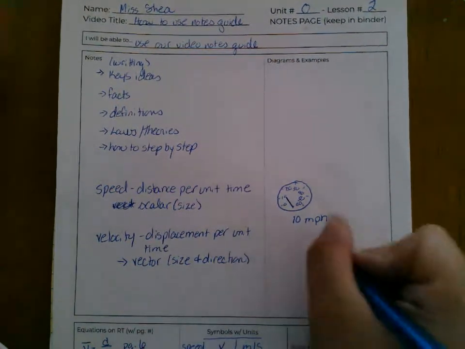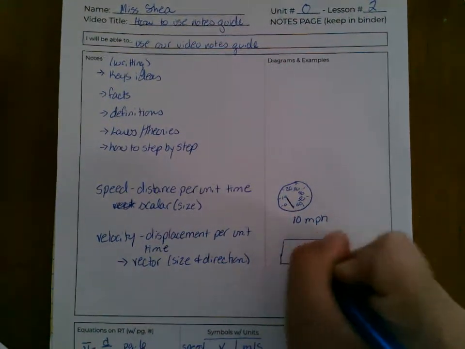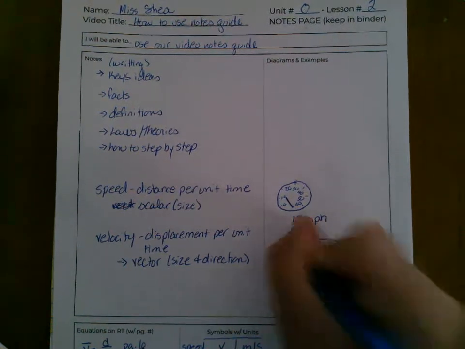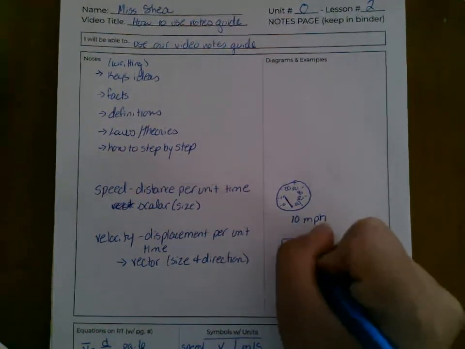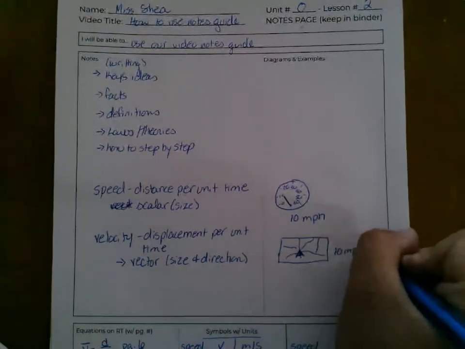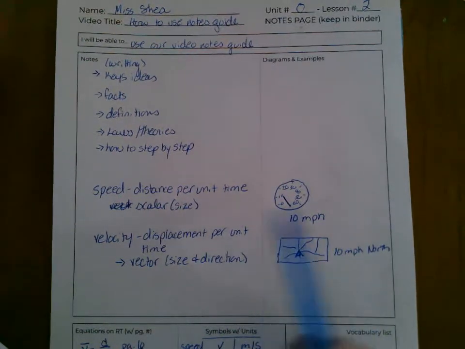And here we have a picture to help us remember of, so here's some roads. Okay, crazy. And we've got the symbol. We're going 10 miles per hour north.